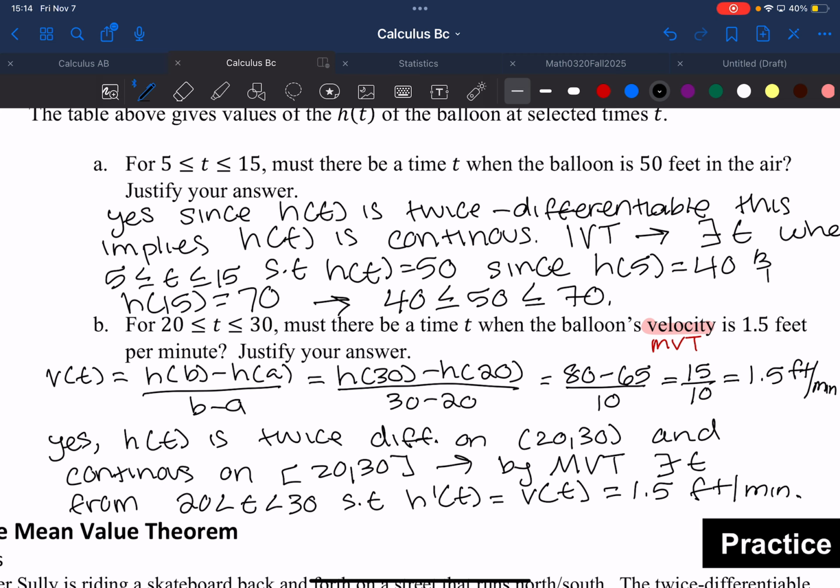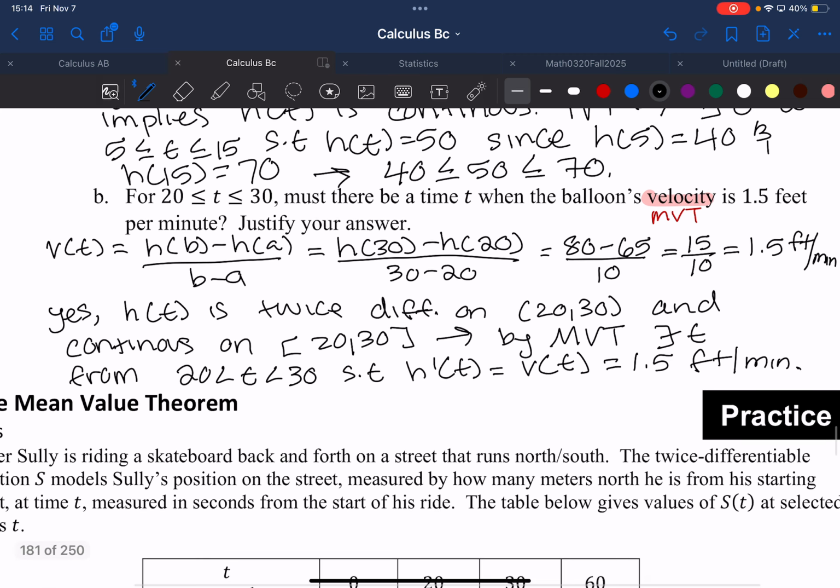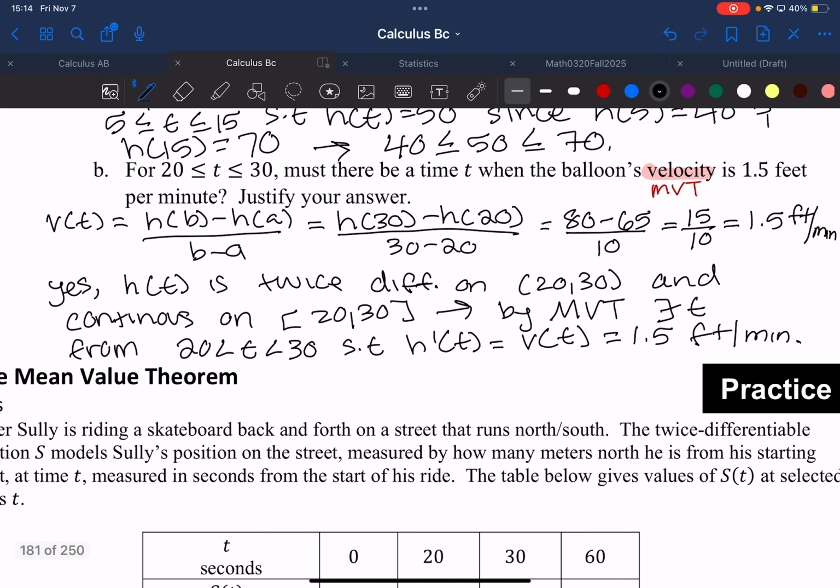So I use the definition of the mean value theorem to answer this question. Okay? If you go back and look at the definition, it will talk about it being differentiable on the open interval and continuous on the closed interval. So I had to talk about those first before mentioning the mean value theorem itself.